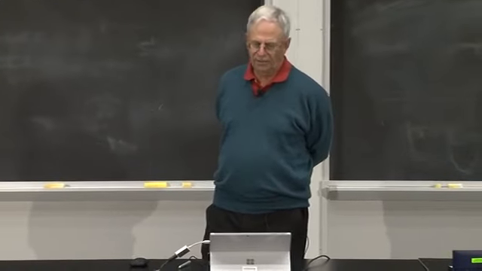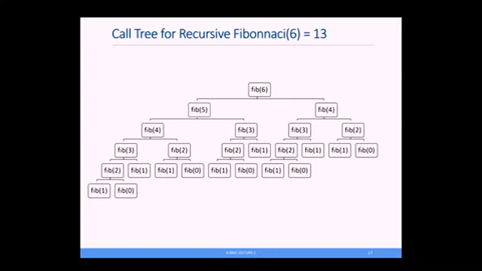So this is for Fibonacci of 6, which is only 13, which I think most of us would agree is not a very big number. And let's look at what's going on here. If you look at this, what in some sense seems really stupid about it? What is it doing that a rational person would not want to do if they could avoid it?